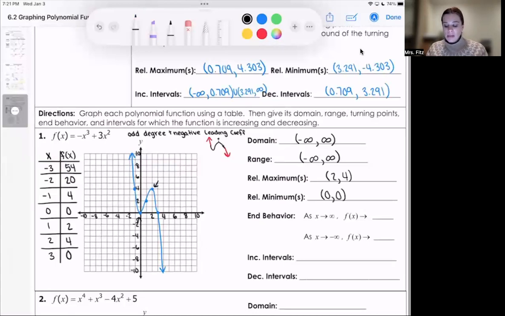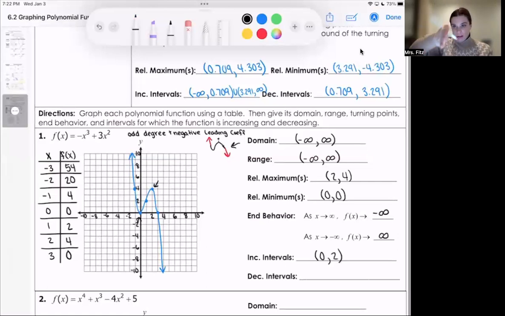We already know the end behavior. As x approaches infinity, we're going down to negative infinity, just like right here. As x approaches negative infinity, we're going up to positive infinity. Increasing intervals. It looks like it's only increasing in this middle section right here. And remember, we use x values, so that would be from 0 to 2.